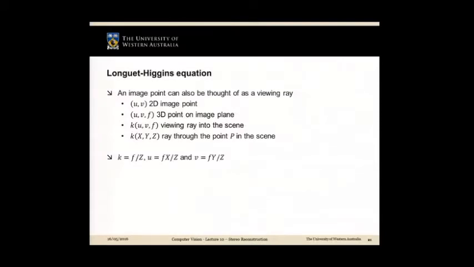So these are the terminologies that have been defined in this equation, and these were used to derive all these equations which I shared in the previous slide. So K will be given by F by Z, U will be given by F times X by Z, and V will be given by F times Y by Z. If you remember the expression for XL and YL, that U and V is the same thing, but it's now in the pixel coordinates on the image plane, right?